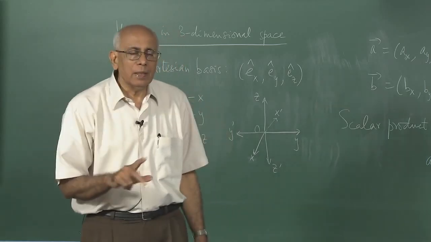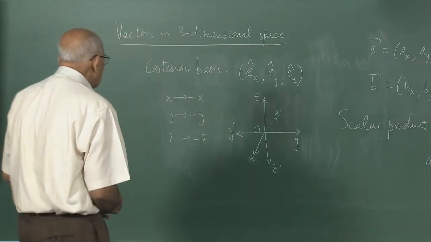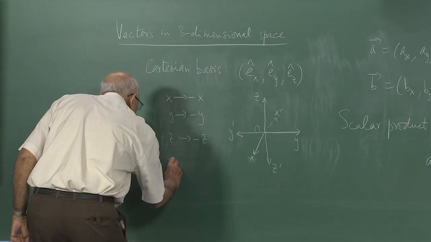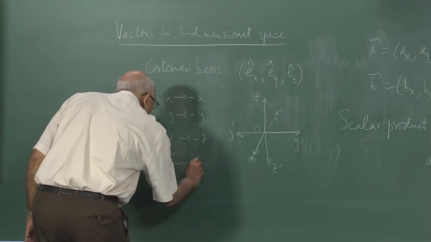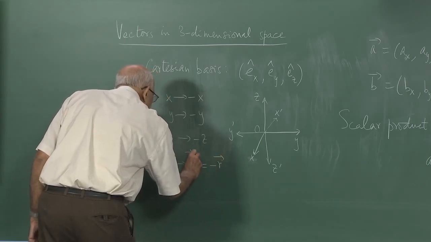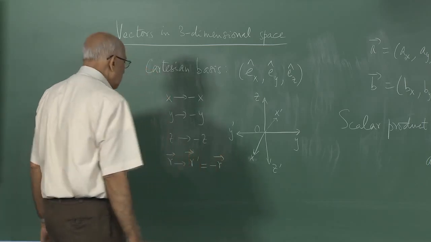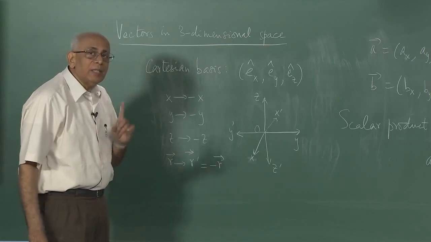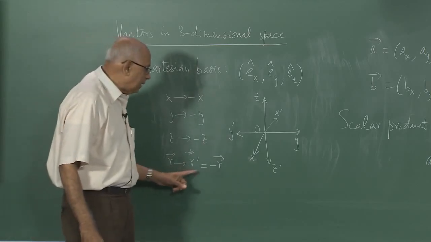This is called a parity transformation, where r goes to the new r prime which is equal to minus r. So a vector changes sign under a parity transformation.